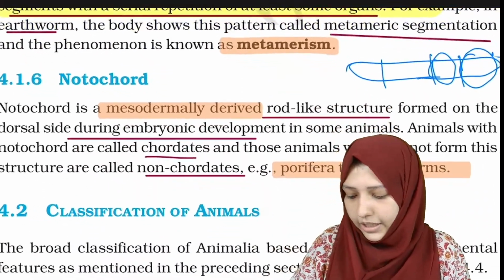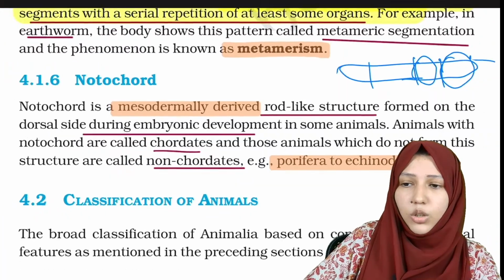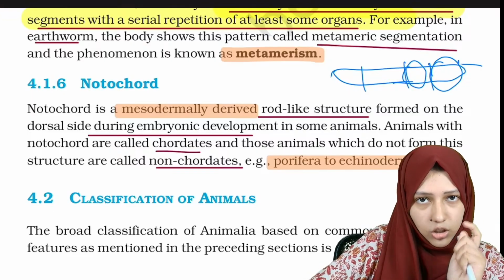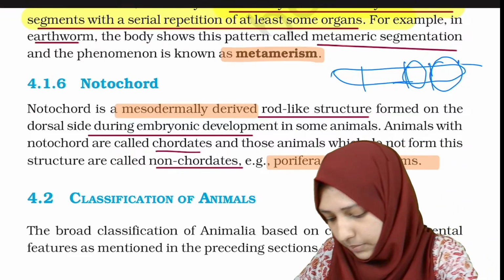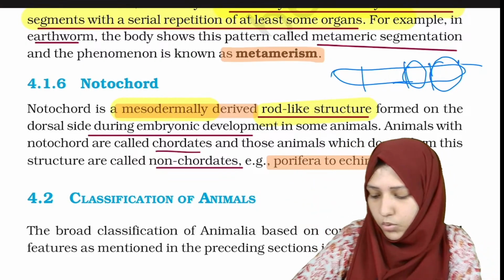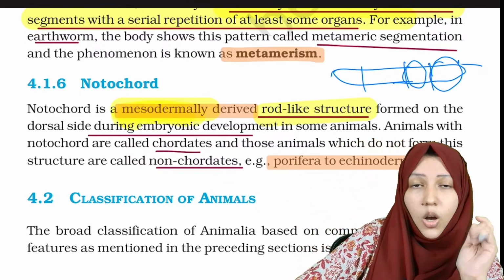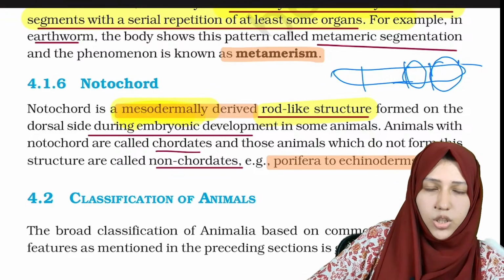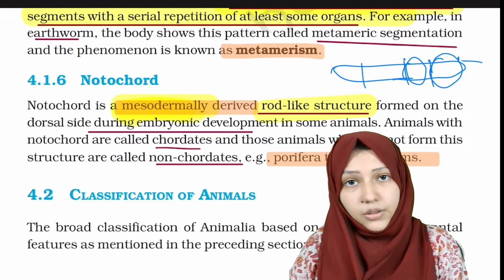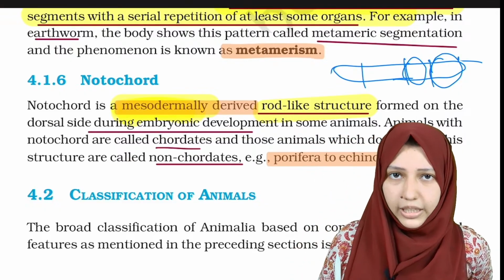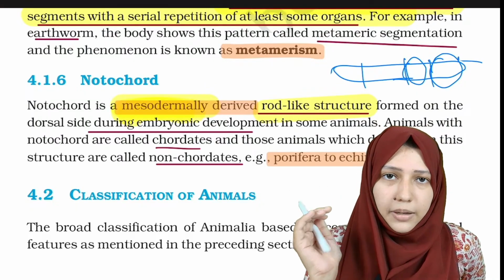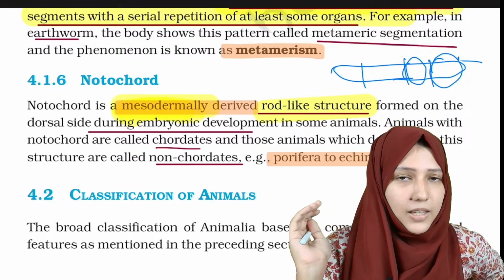Clear? Now going into notochord. What is notochord? Notochord is a mesodermally derived rod-like structure. This is an important point to be noted because they may ask what is the origin of the notochord. So the origin of the notochord is mesoderm. Even if you touch your back, you will be able to palpate the spinal cord, right?